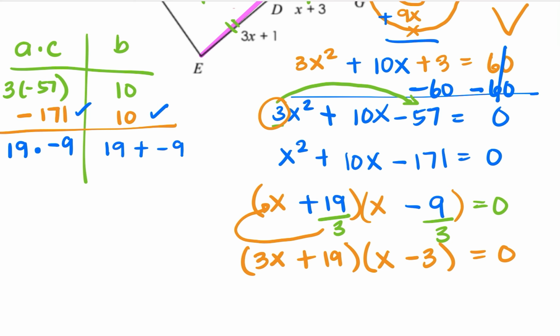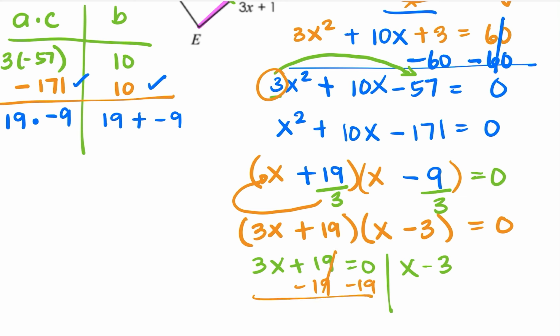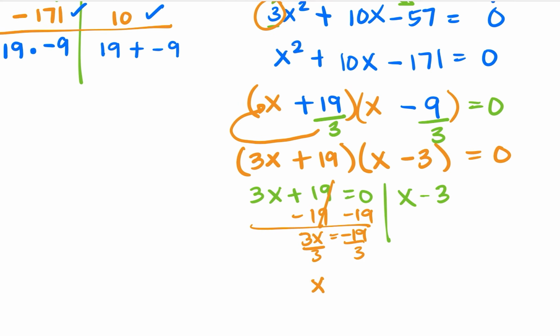So now we can get the x by itself, setting each factor equal to 0. The inverse of positive 19 is negative 19, so 3x equals negative 19. Divide both sides by 3, so we will have x equals negative 19 over 3.